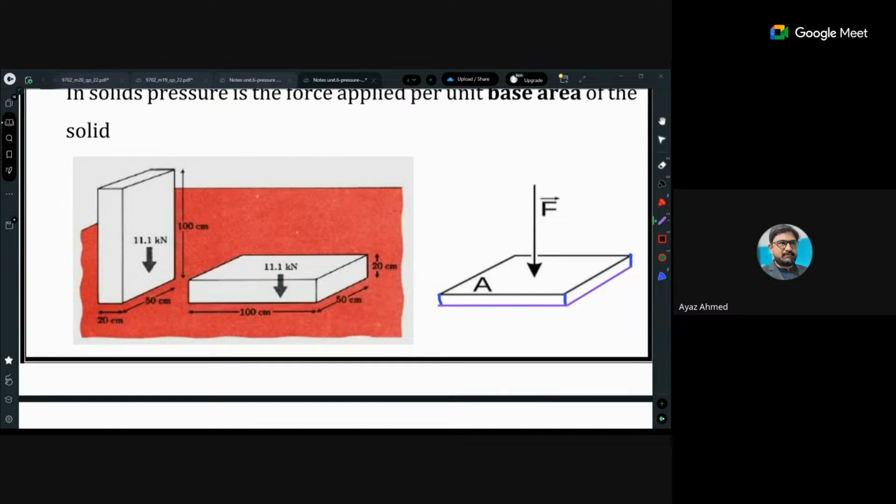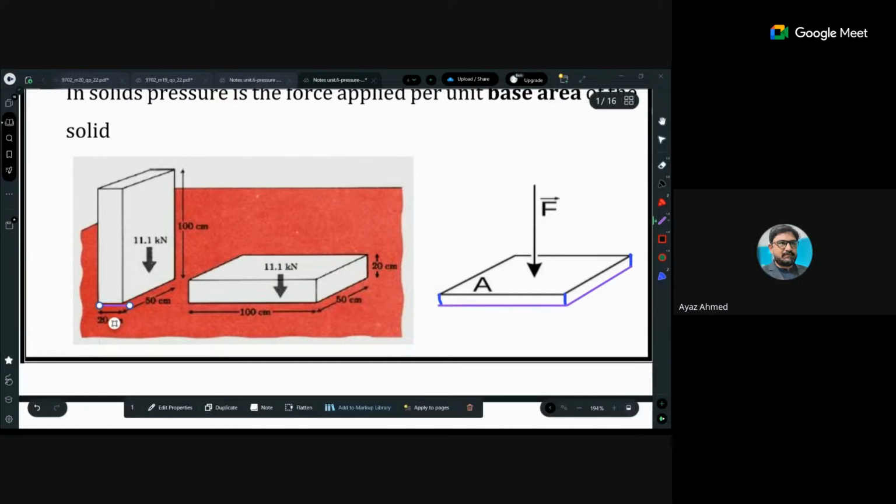On this carpet, there is the same piece of concrete or wood, but it is placed in two different orientations or dimensions. In dimension number one, it stands vertically on its sharp edges like this. Let me call it figure number one.